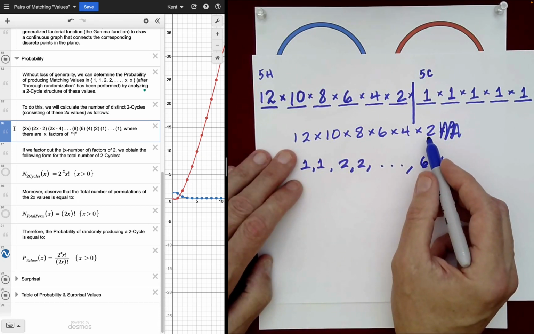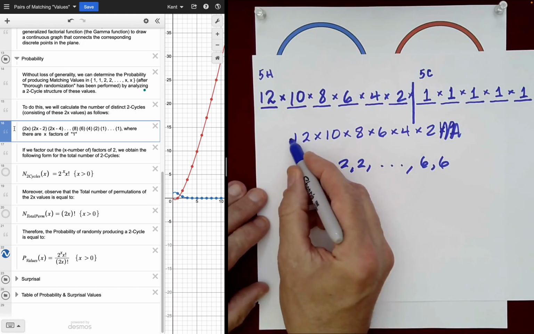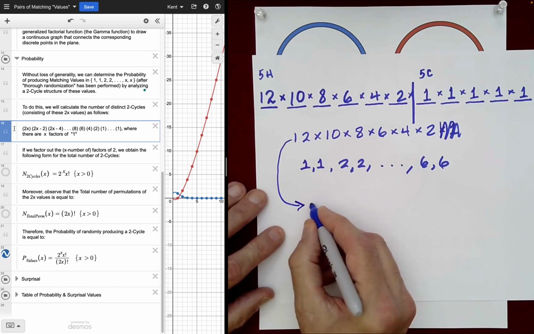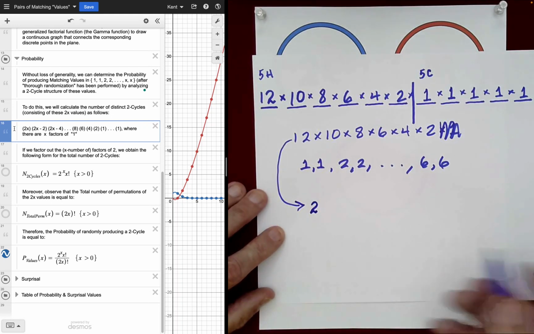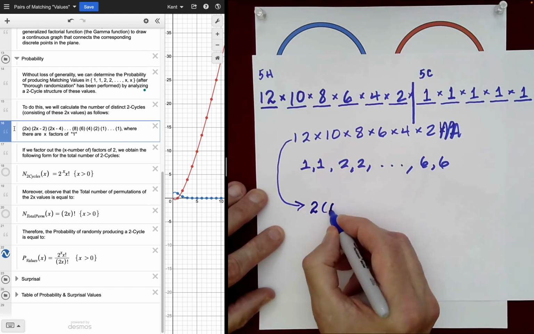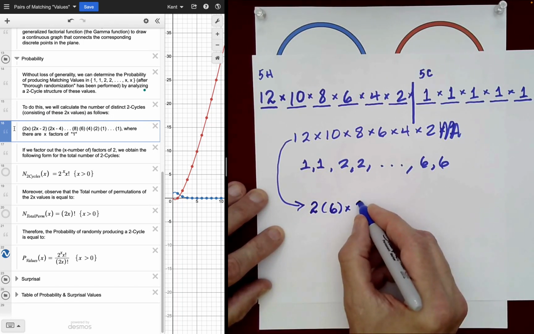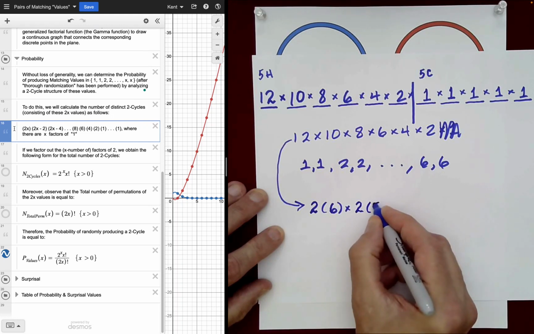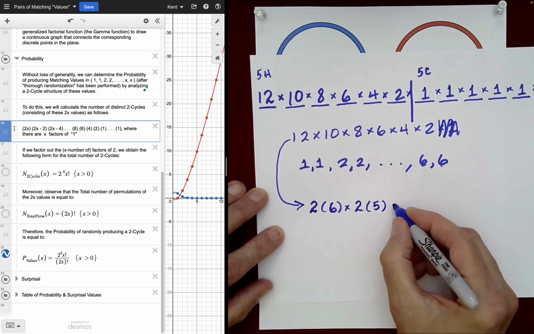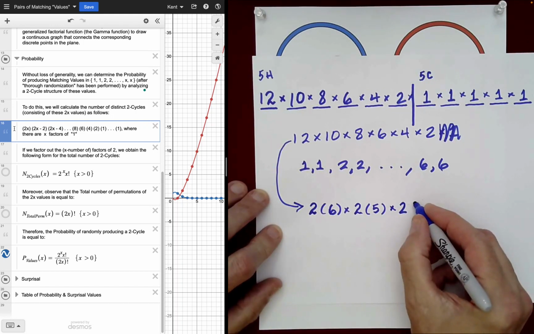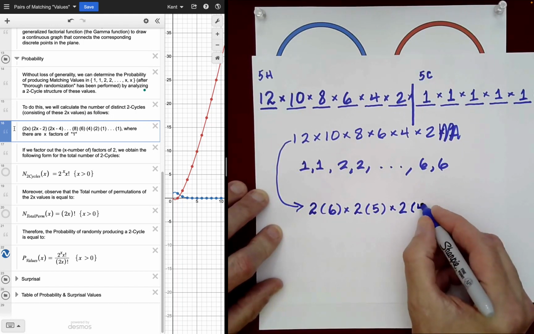Now, what do you notice about all of these? Do they have a common factor within each of these factors? Well, they do, right? 12 is equal to 2 times 6. And then what about 10? 10 is equal to 2 times 5. 8 is equal to 2 times 4, right?